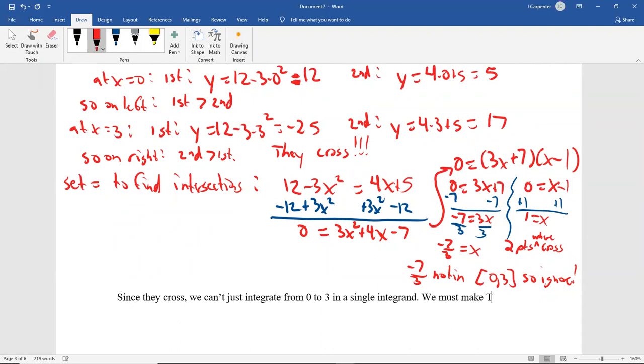We must make 2 integrals, where the first goes up to the crossing point, and the second starts at the crossing point.